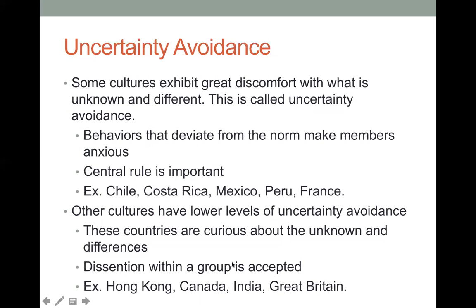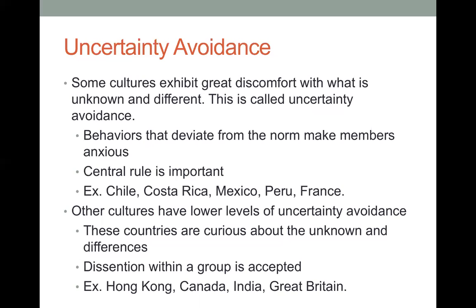Uncertainty avoidance. So uncertainty avoidance is kind of what it sounds like, but it's avoiding things that are uncertain to you or things that are different from what you know. Some cultures have high levels of uncertainty avoidance, which you could almost look at as closed-minded, but it's not exactly that, whereas other cultures have lower levels of uncertainty avoidance.